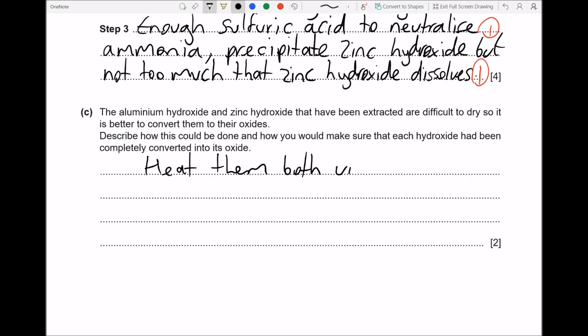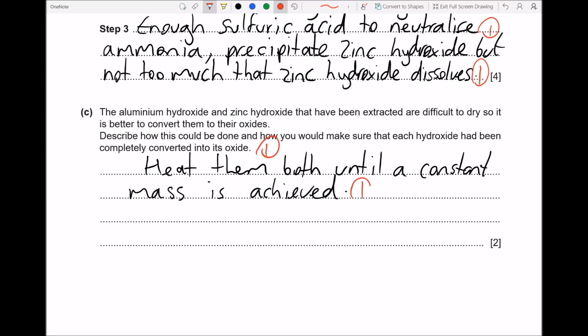Heat them both until a constant mass is achieved. Okay, so we get 2 marks for that as well. So we need obviously 1 mark for saying heat them to get your oxide, and then 1 mark for saying until a constant mass is achieved.